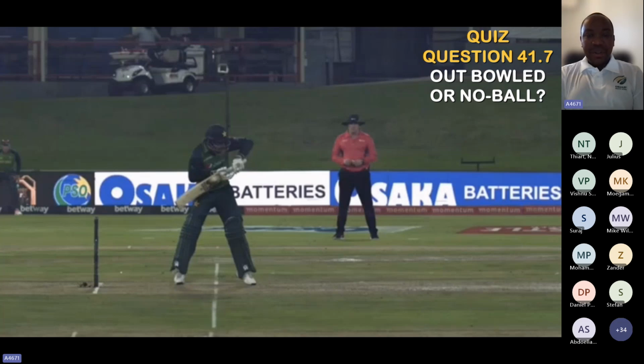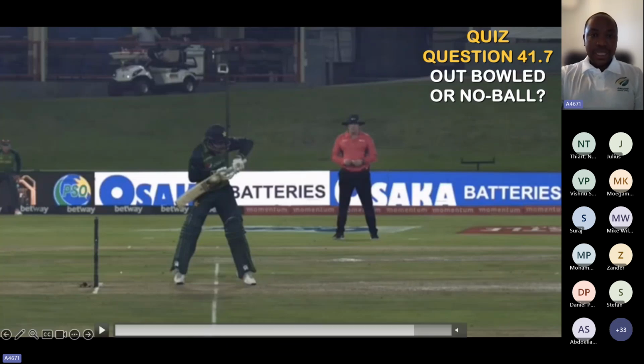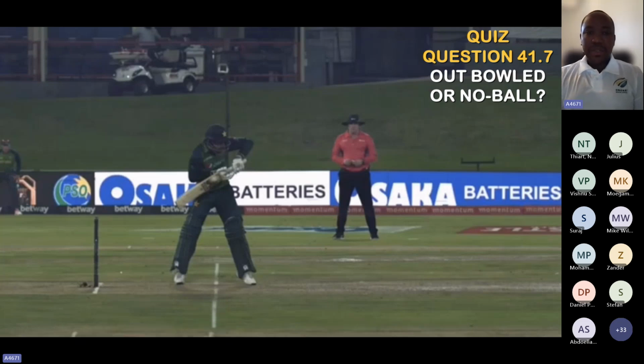If you do not agree, it is best to go with the call of the striker's end umpire because, as mentioned, and as we can see in this particular example, the striker's end umpire is in a better position to judge the height of a full toss.